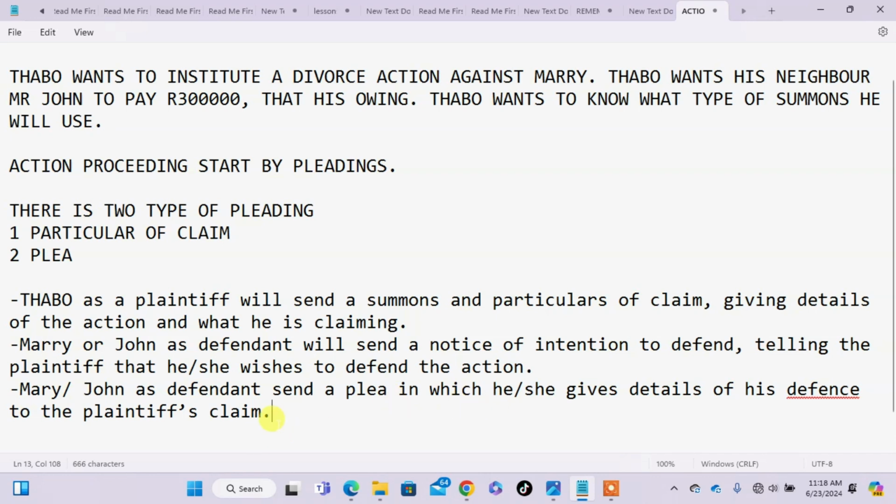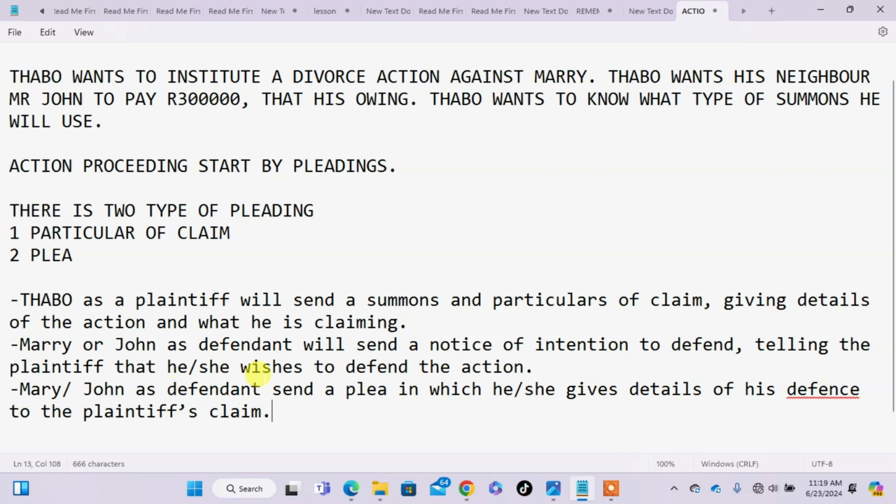Right? Now I know you are understanding. Let me repeat. During the action proceedings, we start with the pleadings. Pleadings, we have a particular of claim and a plea. Particular of claim is the one that gives details of the action, which is written by the plaintiff, who is Thabo. Then the plea is written by the defendant, who is giving details of his defense. So it means Thabo as a plaintiff will send the summons and particular of a claim, giving details of the action.